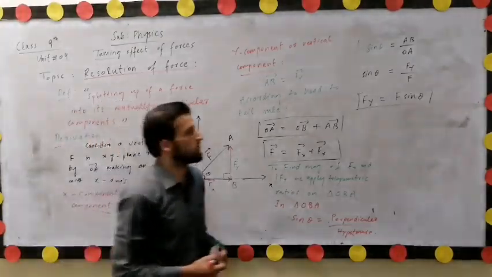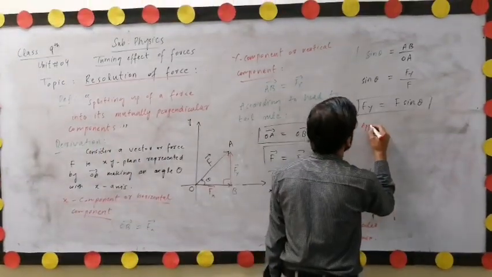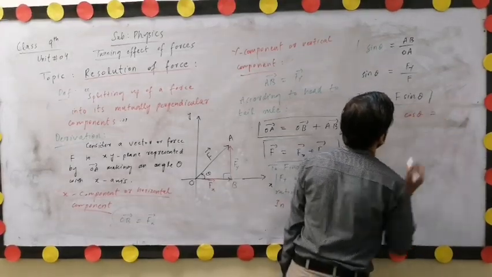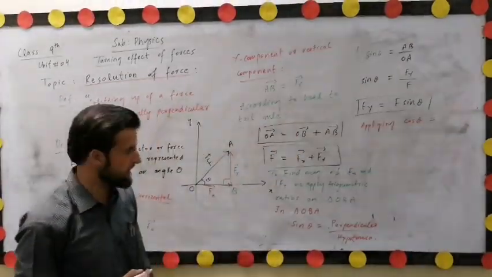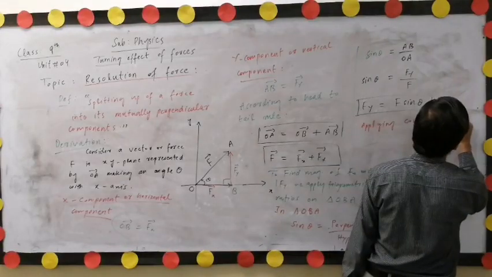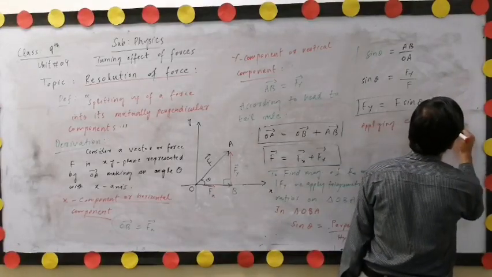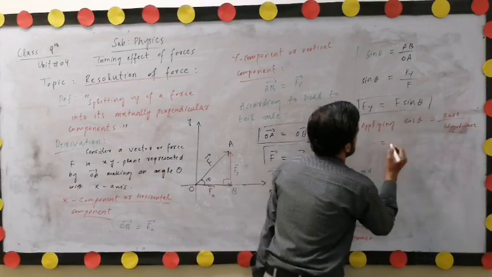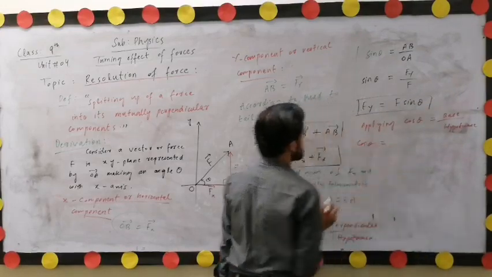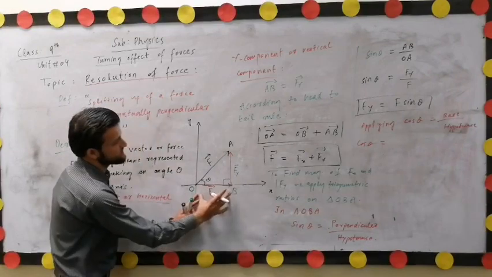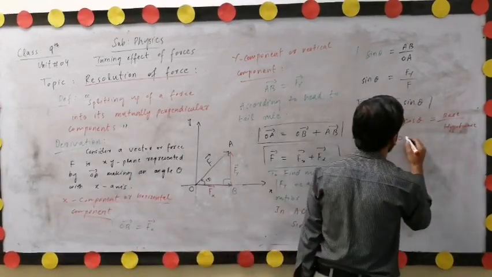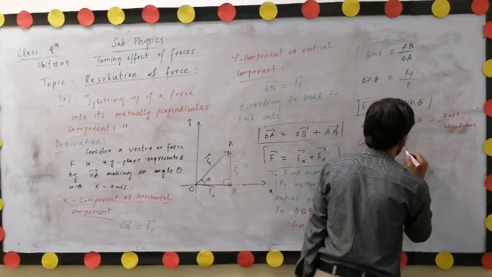Similarly, now we apply cos theta. Cos theta is base over hypotenuse. OB is our base and OA is our hypotenuse. So cos theta equals OB over OA.